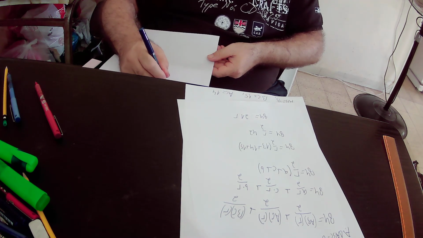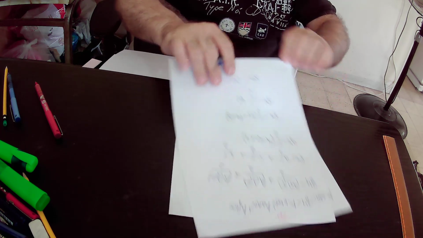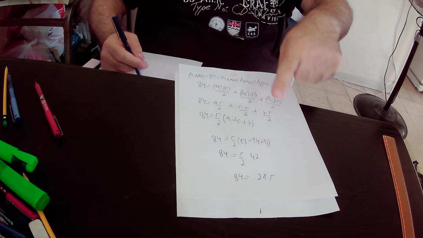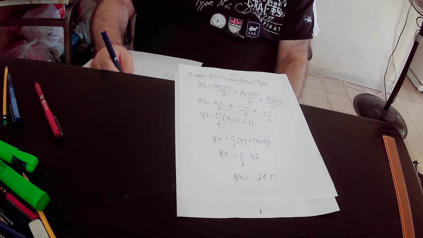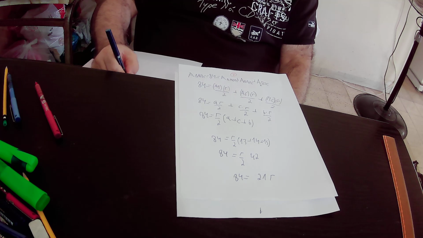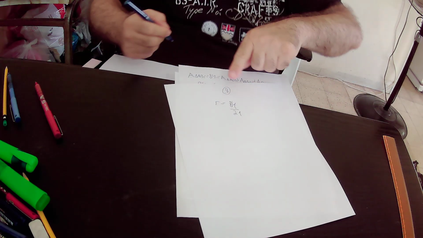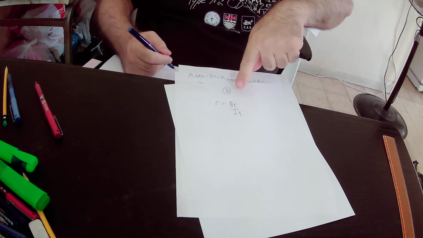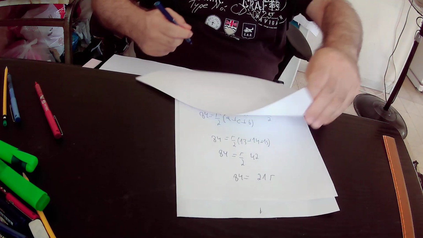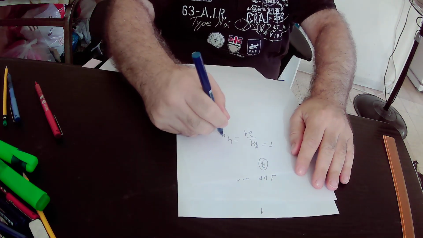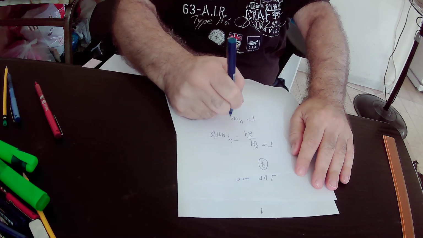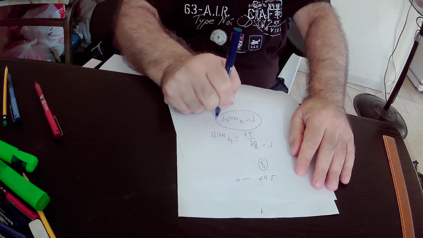Of the green circle, here we will divide this equality by 21 in order to get the radius of the circle. So the radius of the circle will be equal to 84 over 21. The radius of the green circle equals 84 over 21. 84 over 21 is 4. So we got that the radius of the green circle equals 4 units.